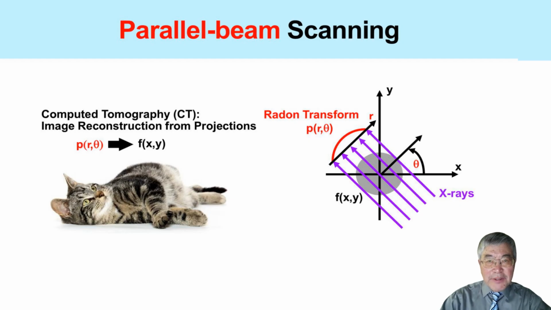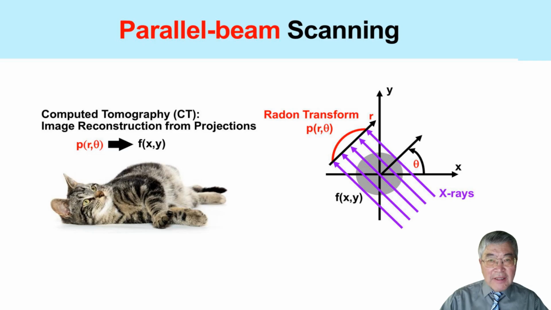In this geometry, the X-rays travel through the object along parallel lines. So for each projection angle, the detector records a projection profile. You can think of this profile as a collection of line integrals through the object. Mathematically, these projection data are described by the Radon transform.